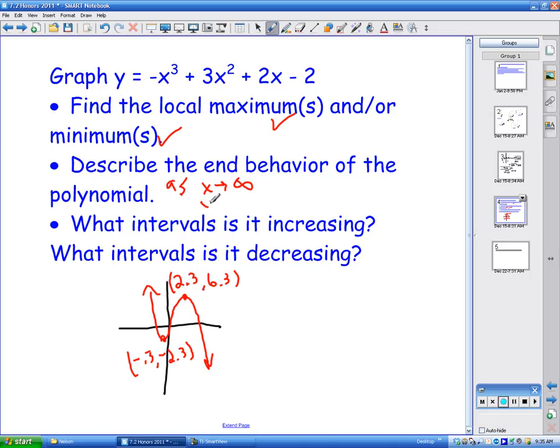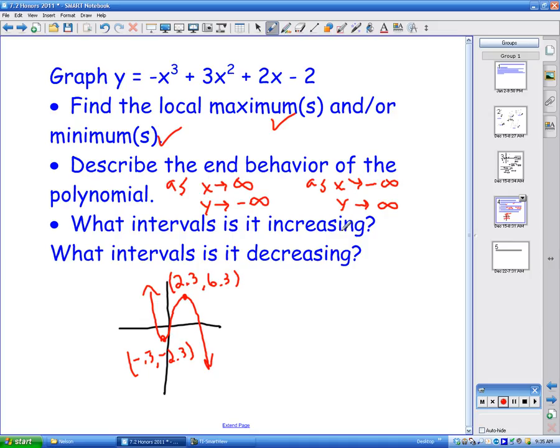So y will be going to -infinity. And then as x goes to -infinity, so as x gets negative, y is getting positive. So y goes to +infinity. Alright, so there's the end behavior.